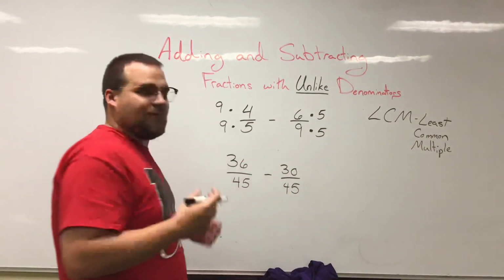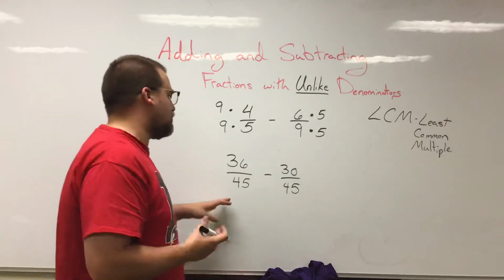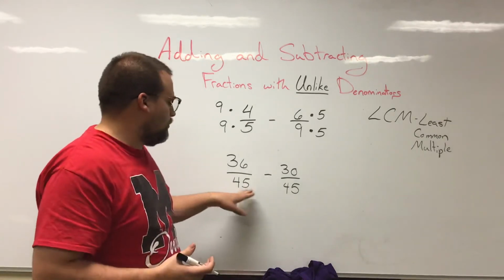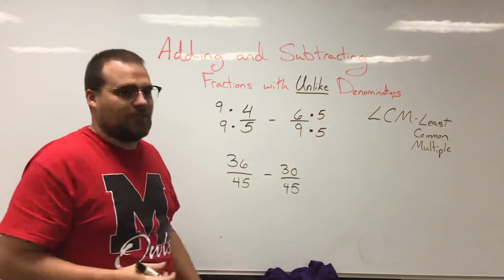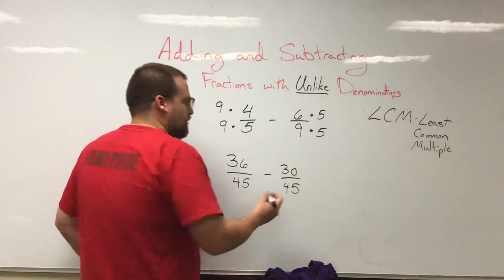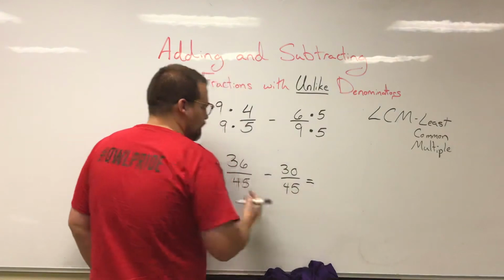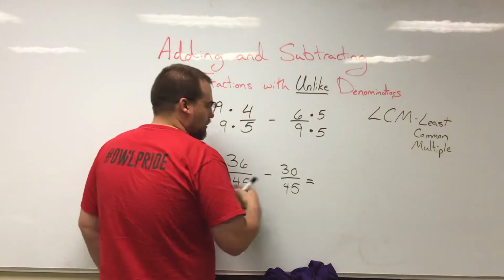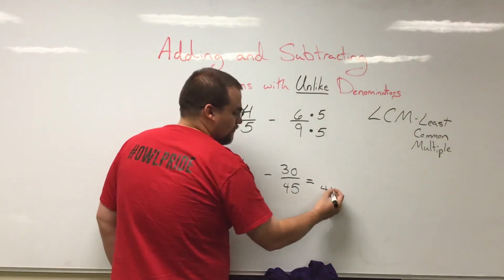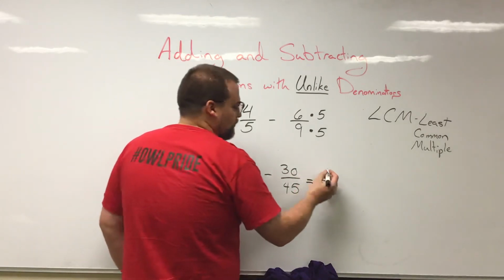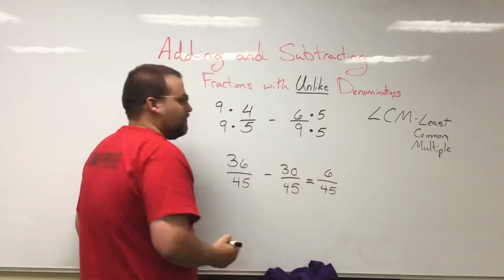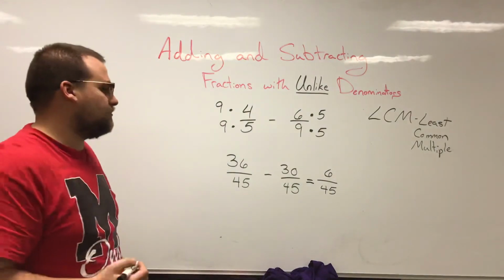Again, I've successfully made these two fractions have the same denominator. Let's go ahead and subtract these. 36, the denominator stays the same. We talked about that. And then 36 minus 30 is going to get me 6.